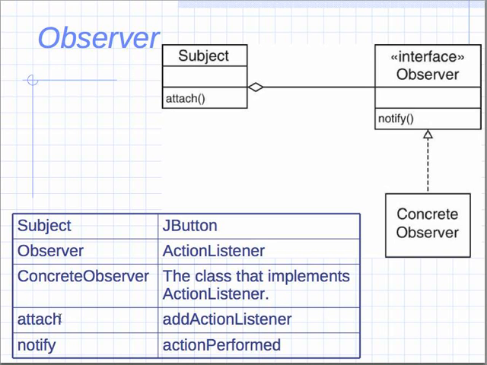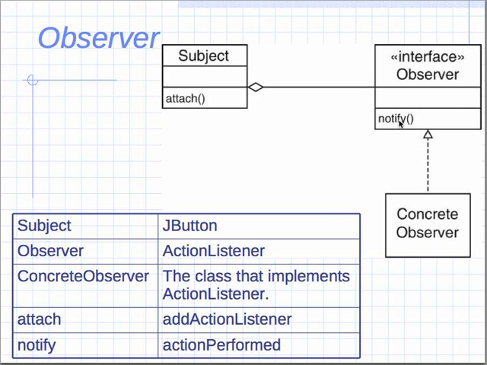The attach is, as we talked about before, like calling add action listener. Each button will have an add action listener method. You call that and say that this object, an instance of a class that implements action listener, will be one of the listeners for this JButton. And notify is just like action performed.